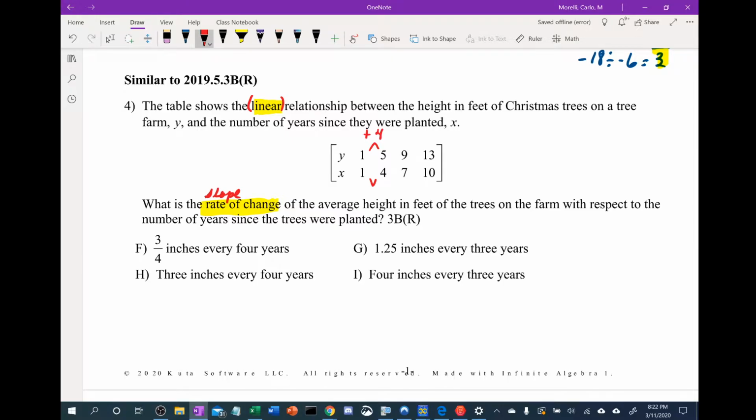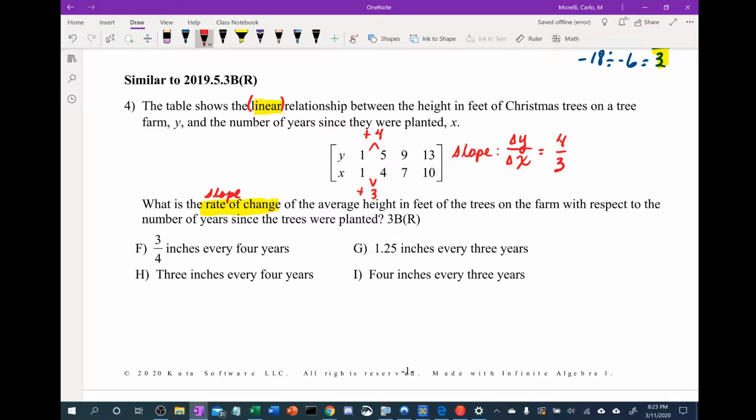And from 1 to 4, that's plus 3. Remember, in this version, we're looking at slope or rate of change as the change in Y, that triangle means delta Y, over change in X. The change in Y is 4 over 3.